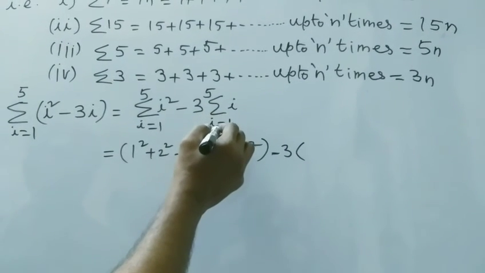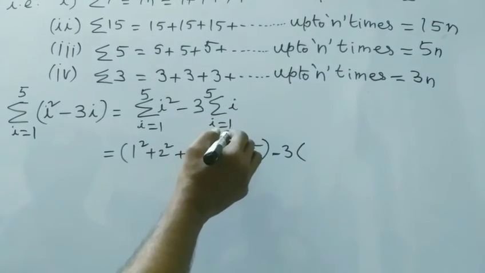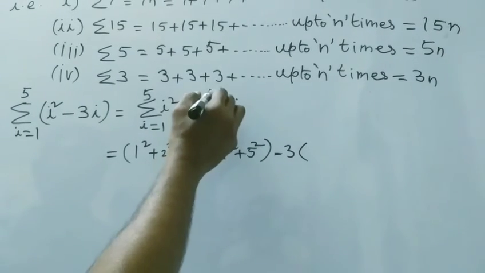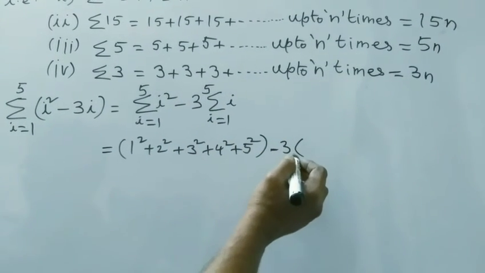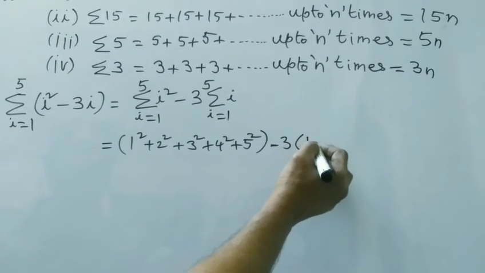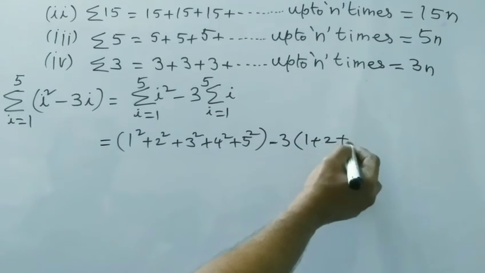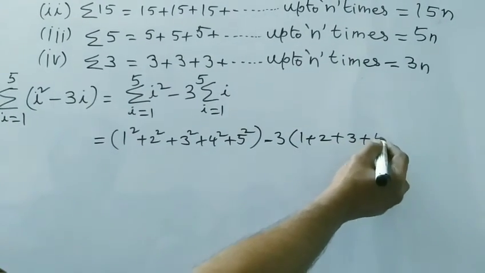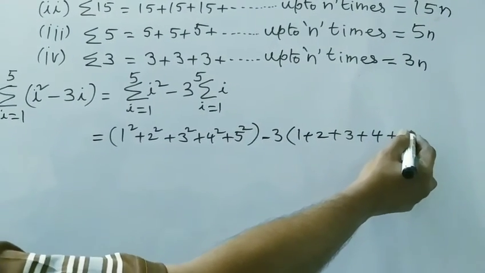Wherever i is there, you have to substitute i is equal to 1, 2, 3, 4, 5. So 3 of 1 plus 2 plus 3 plus 4 plus 5.